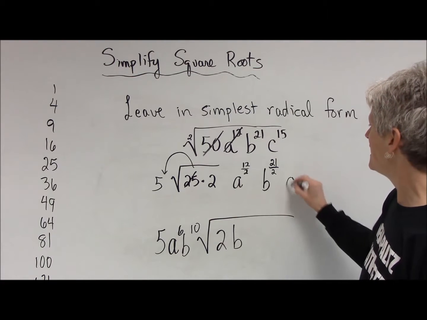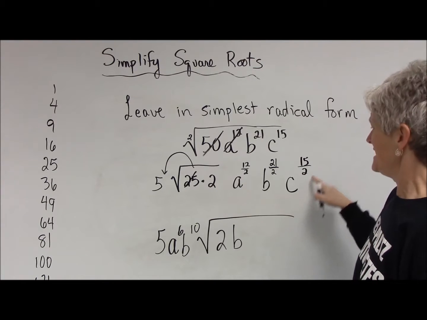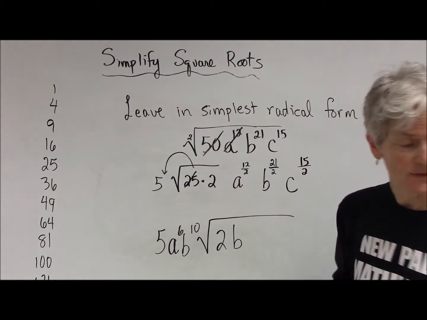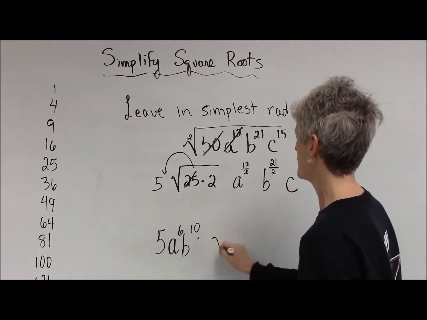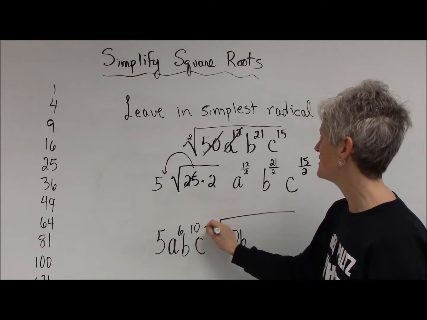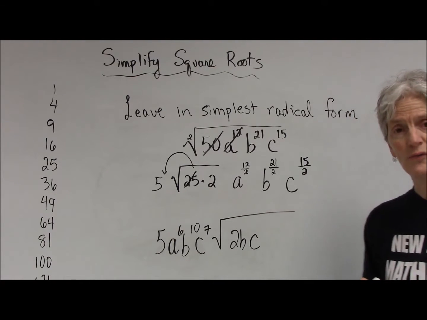Okay, c to the 15th. Well, again, 2 doesn't go into 15, it goes into 14 7 times. I'm running out of room here, I see. I'm going to need a little more room. So I can take out c to the 7th, and I have 1 c left over.